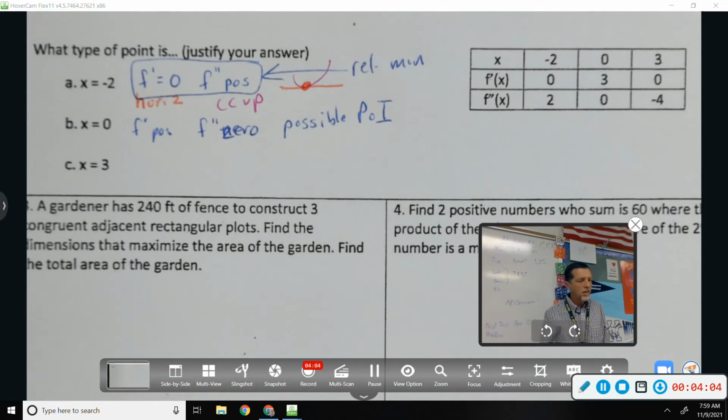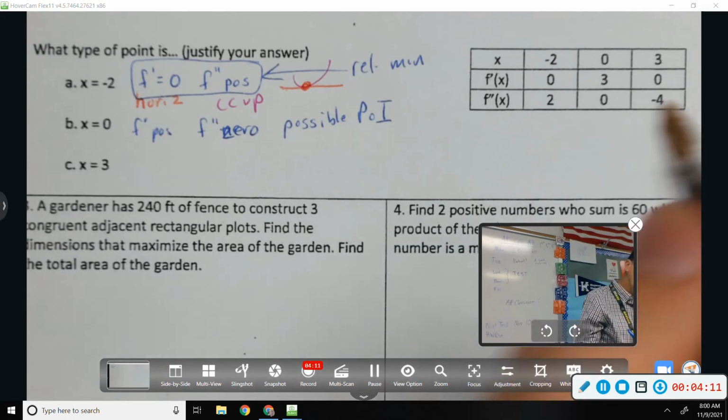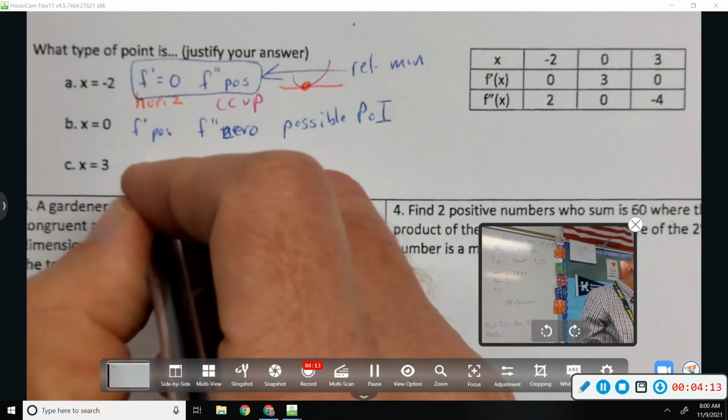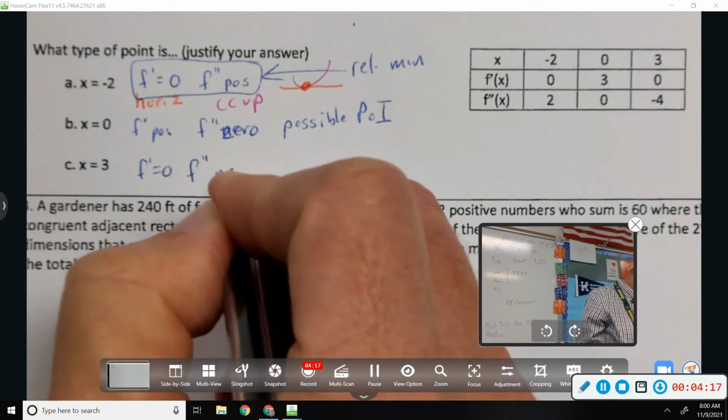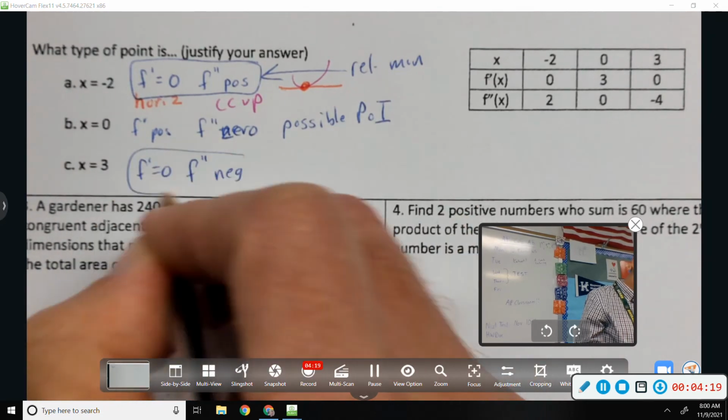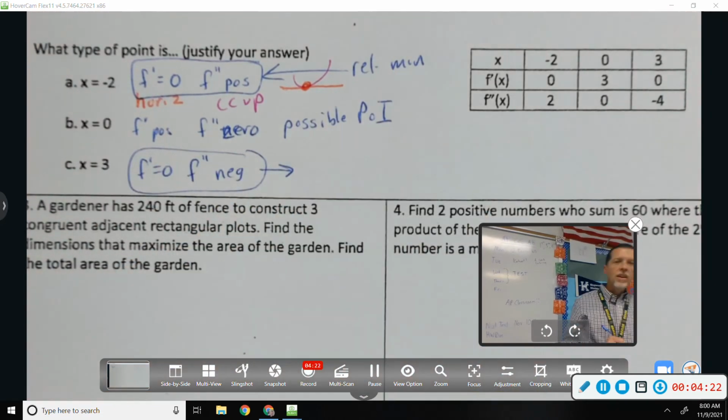Number 5 is just like a really complicated factoring, right? Yes, but hold on, let's finish this one. Okay, sorry. X equals 3, f prime equals 0, the second derivative is negative. So what does the combination of those two things mean? It's a relative max.